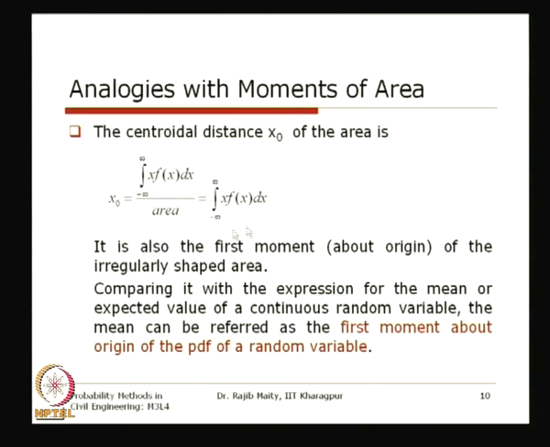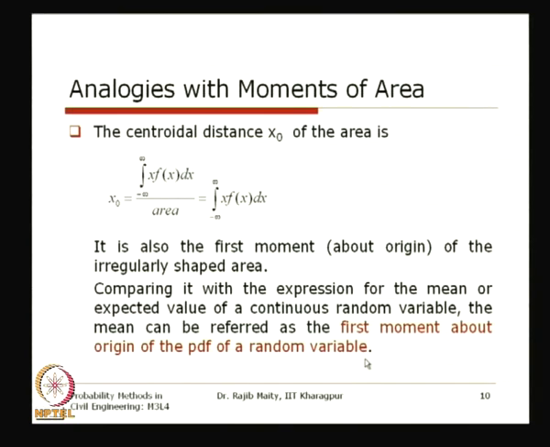So this is also the moment about the origin of this irregularly shaped area. Comparing this with the expression for the mean or expected value of a continuous random variable, the mean can be referred to as the first moment about the origin of the PDF with respect to the random variable.